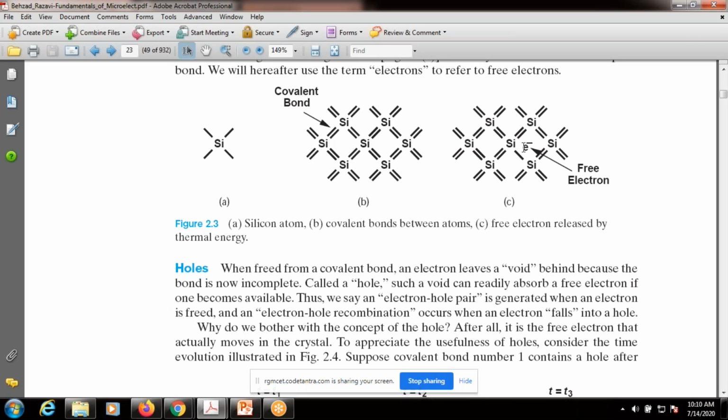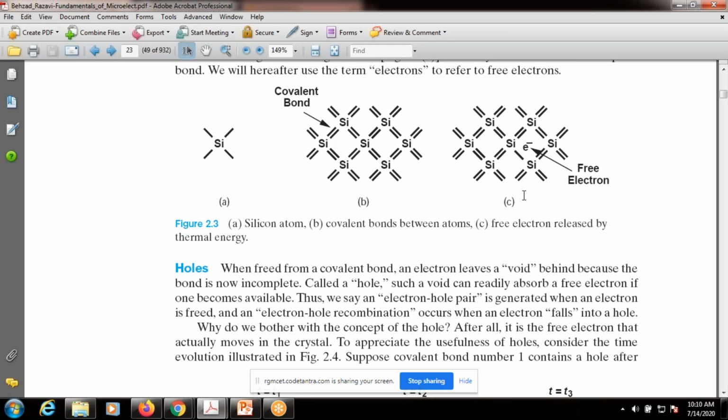And one more thing: once an electron breaks away, one empty place is created in that place, and that acts as a hole.